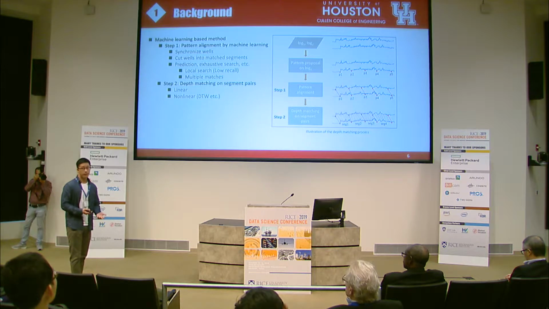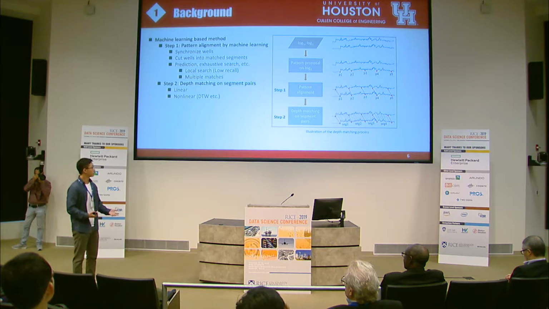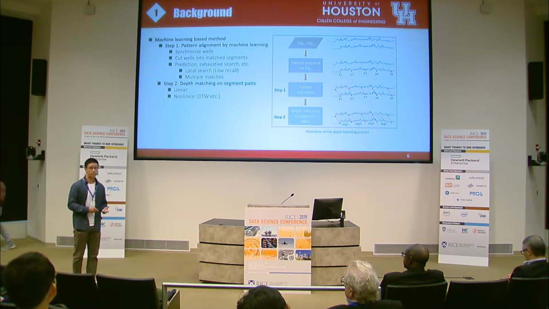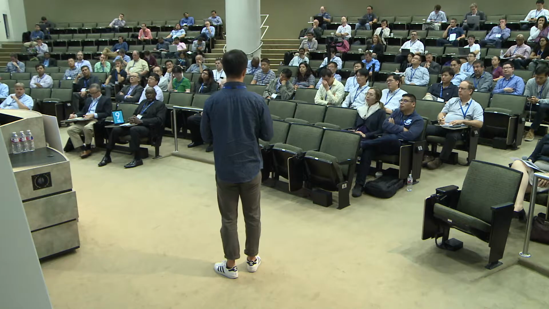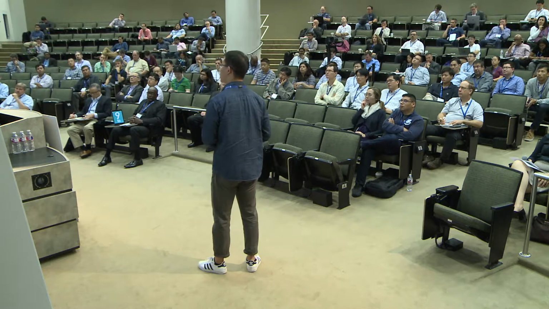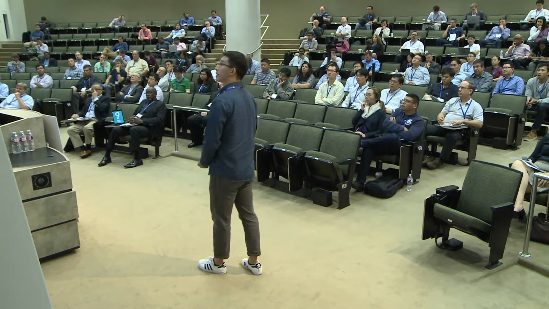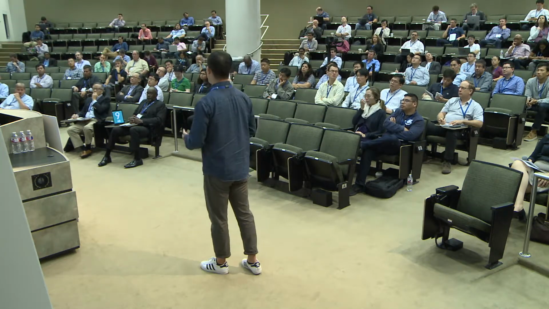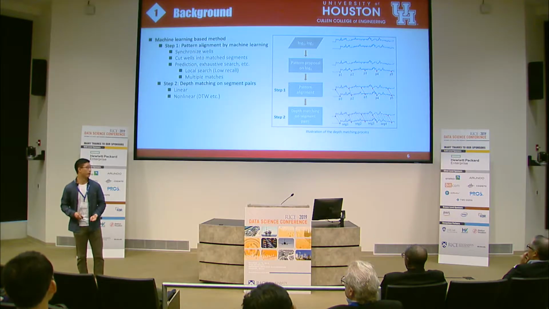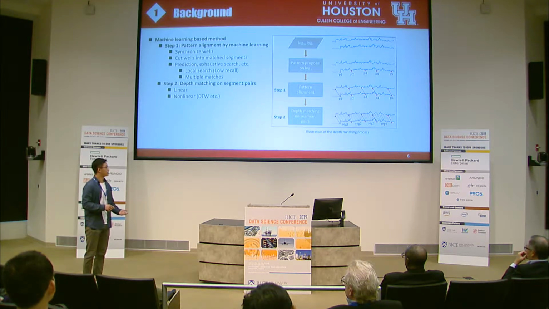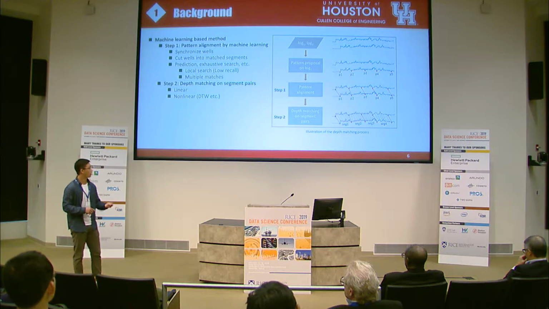By doing this, these long gamma log pairs can be cut into a lot of smaller segment pairs, and they are both aligned at both ends. The second step is we can now perform linear or non-linear depth matching strategies on these smaller, shorter segments.